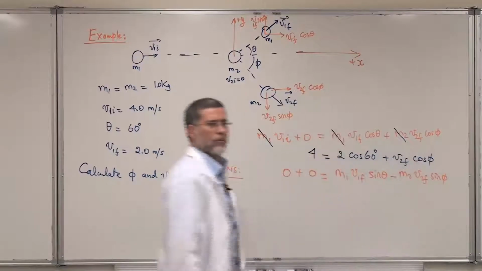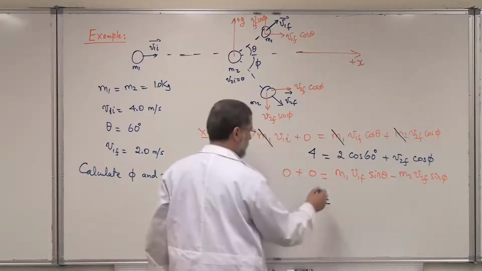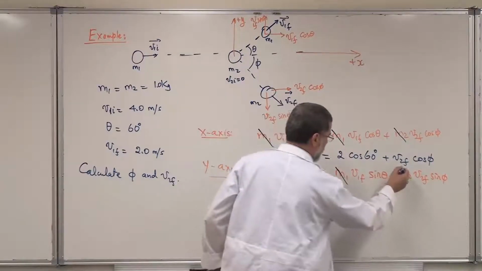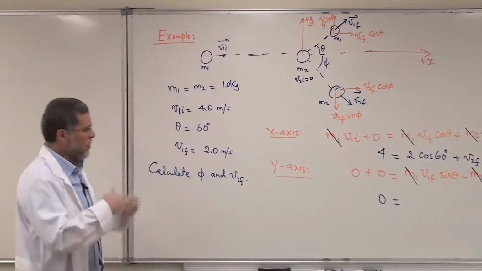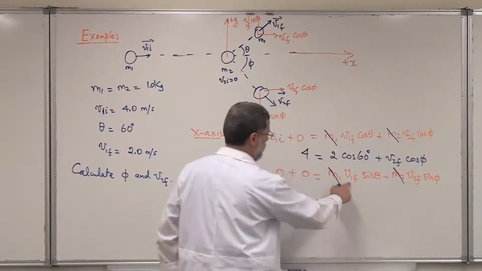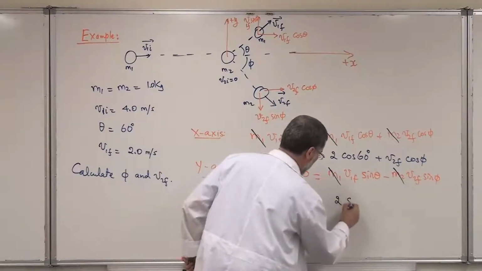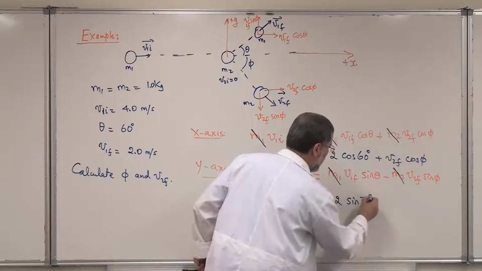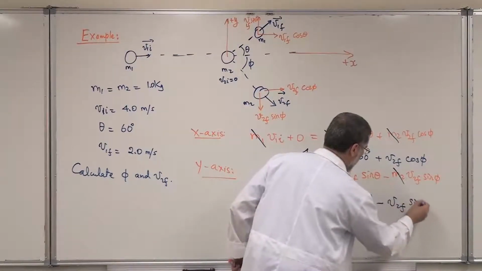I don't know both of them, so I will write them like this. Here it will be 0 equals what? m1 and m2 are gone because they are equal masses. This is a special case to make things simpler. So v1 final is 2, 2 sine 60 degrees minus v2 final sine phi.